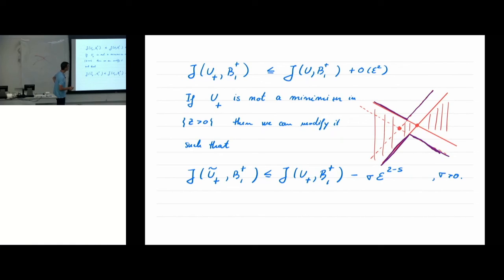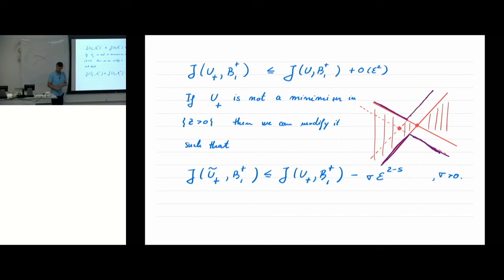Here I draw the picture in which I'm looking at a translation of E and E, but then I'm looking at the maximum. So in the places where E is 1, or the translation is 1, my new function is going to be 1. So this is what happens with the trace of U plus.